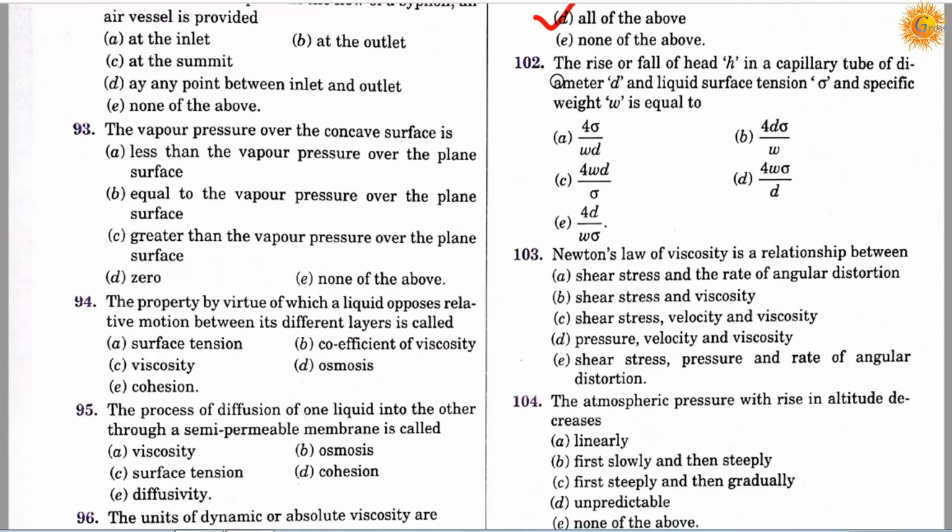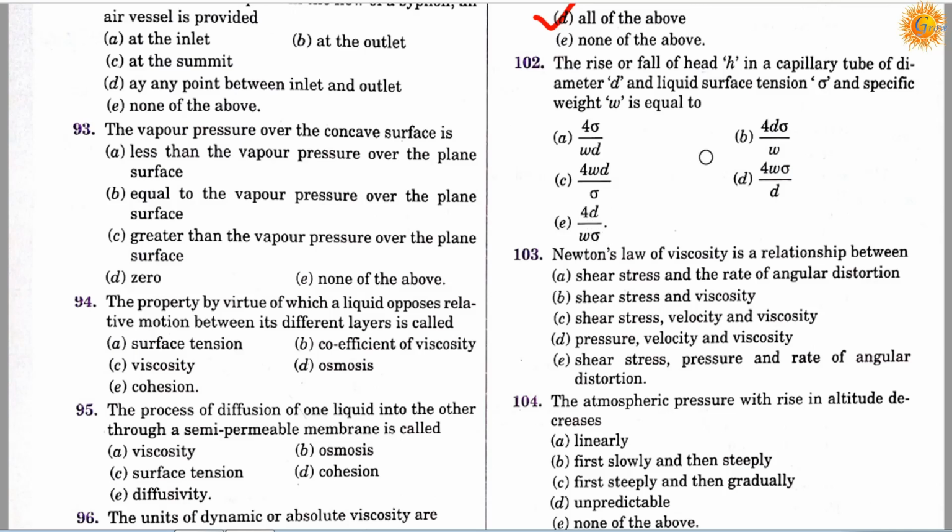Question number 102. The rise or fall of a head small h in a capillary tube of diameter small d, with liquid surface tension sigma and specific weight W, is equal to: option A, 4 sigma upon WD; option B, 4d sigma upon W; option C, 4WD upon sigma; option D, 4W sigma upon D; and option E, 4D upon W sigma.